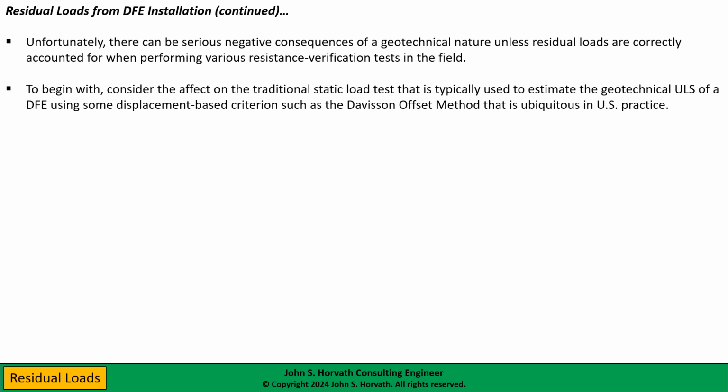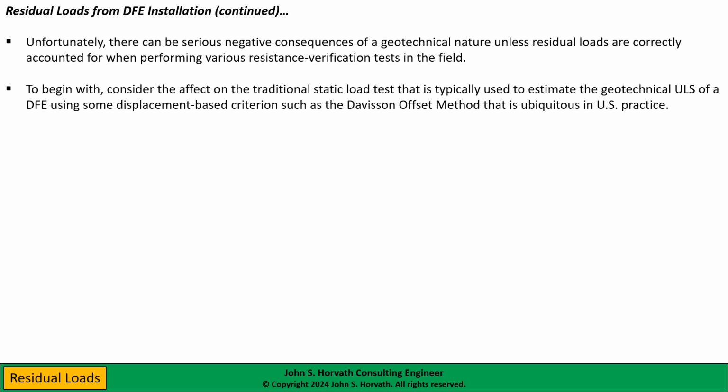Now, typically in the United States, we use the so-called Davisson offset method to apply to a static load test to determine the geotechnical ULS. I don't want to get bogged down in discussing the Davisson method. I'm not a fan of it. There are others who are not a fan of it. It had a use, but not for static load tests.